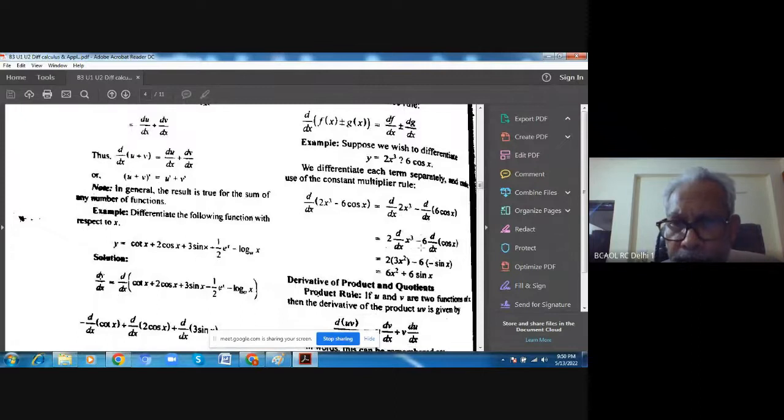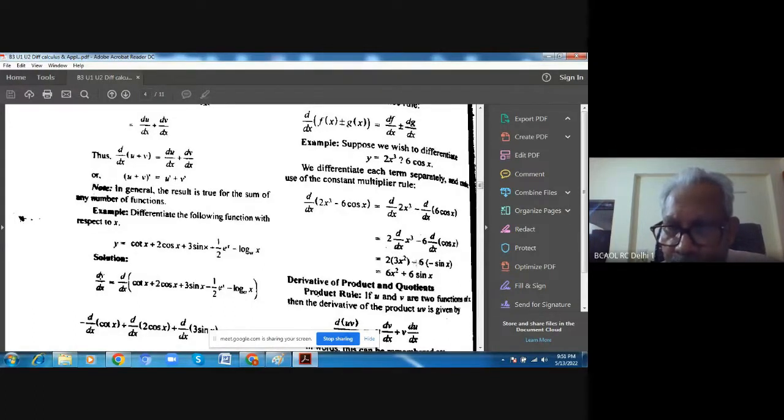So 2 into 3, here we are applying n into x to the power n minus 1. So 3 x to the power 3 minus 1 means 2. So 3x square comes in the bracket. So this part is over.